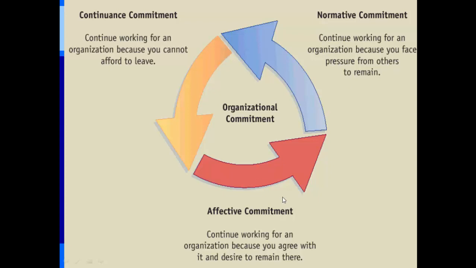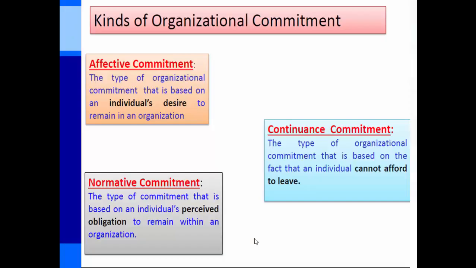And affective commitment is continuing to work for an organization because you agree with it and desire to remain with it. These are the kinds of organizational commitment discussed in the previous slide.